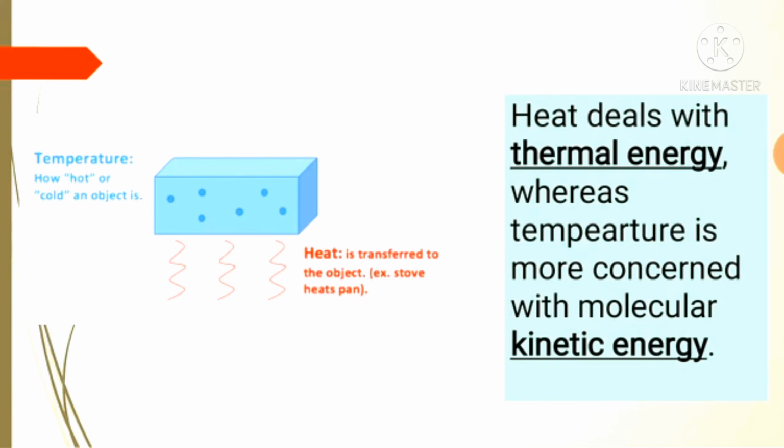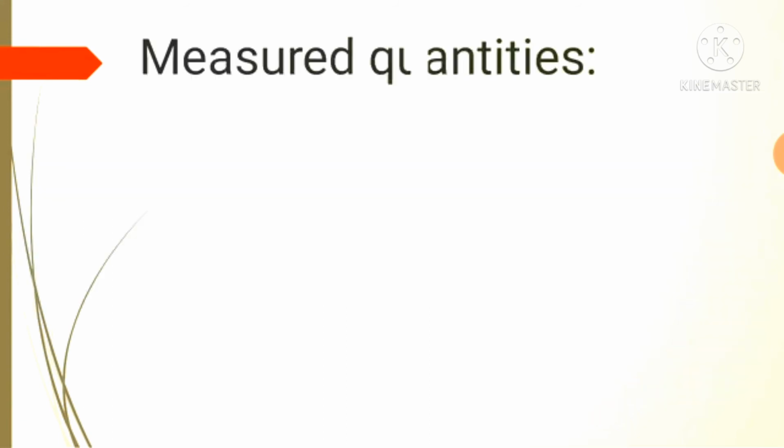As you can see, the heat indicates transferring to the object, for example, a stove or heated pan, while temperature measures how hot or cold an object is. It is represented by two colors, the red and the blue. The red color represents the heat, while the blue color represents the temperature.